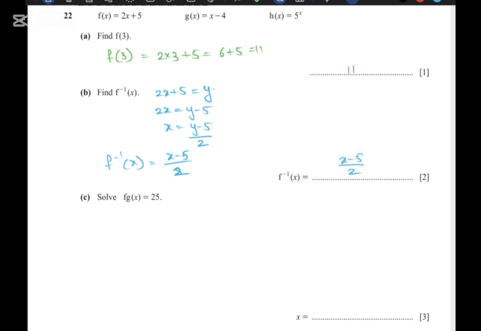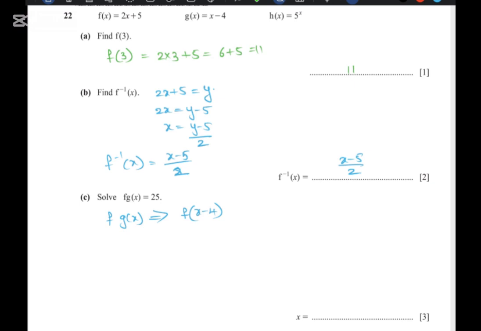Question number C, f of g of x is equal to 25. Solve, in the sense we need to find the value of x. So first do g of x. g of x is x minus 4.